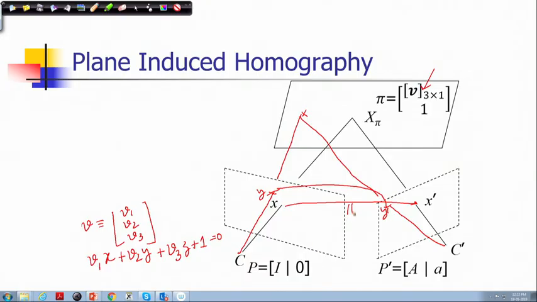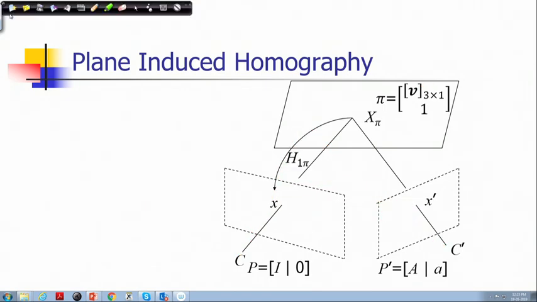There exists a homography H such that H x will give me x prime and H y will give me y prime, and this homography is called plane induced homography. We can show these things. So, let us check the derivations, clean this particular diagram.